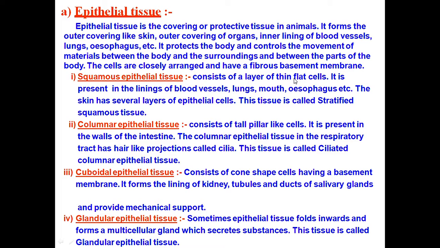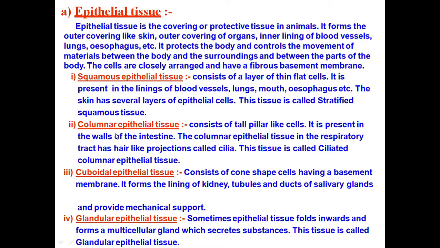The cells present in the squamous epithelial tissue are flat, and they are mainly present in the lining of blood vessels, lungs, mouth, esophagus, etc. The skin also has this epithelial tissue, and it has several layers of epithelial cells. Because of the presence of these several layers, it is known as stratified squamous epithelial tissue.